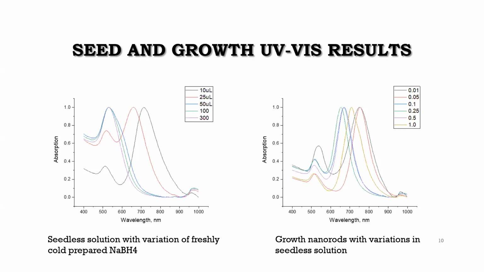The full width half maximum is at 95, 91, and 92 nanometer for variations of nanorods at 0.1, 0.25, and 0.5 milliliter, respectively, which are all under 100 nanometer, considered narrow and uniform nanorods. Compared to the seedless solution alone, we can see that it is already more monodispersed.